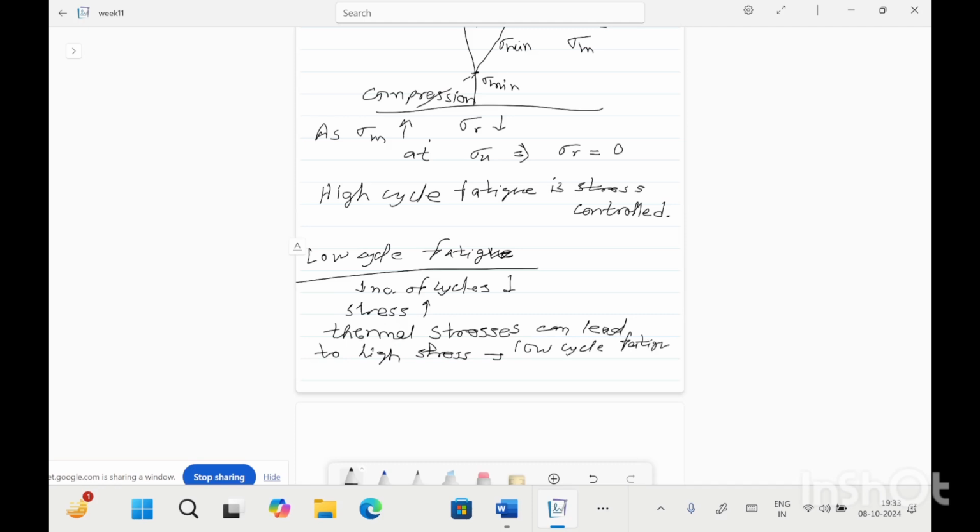In this condition, generally the cyclic strain failure happens, meaning the material fails because of the cyclic strain, cyclic deformation process. It is strain controlled.